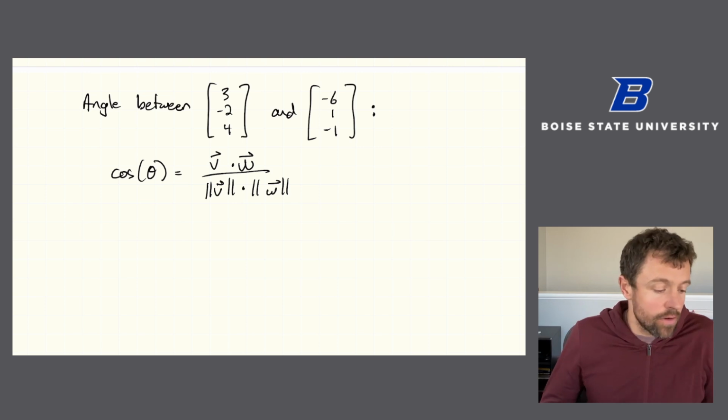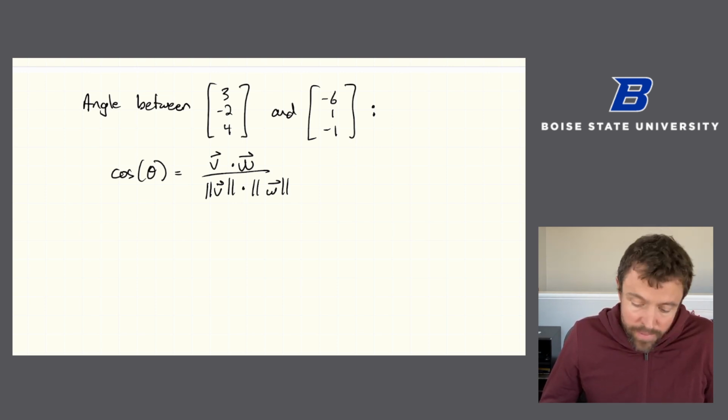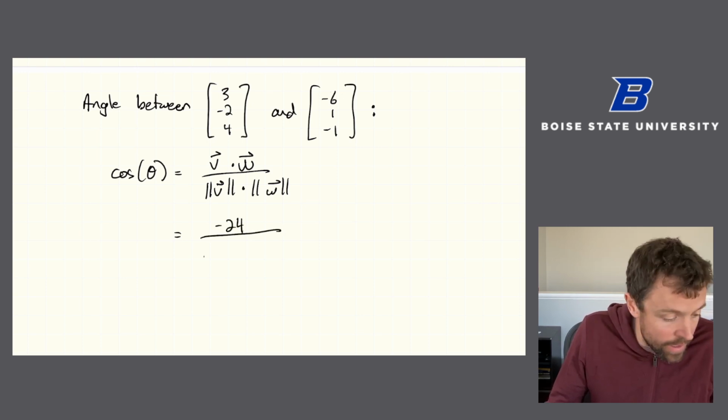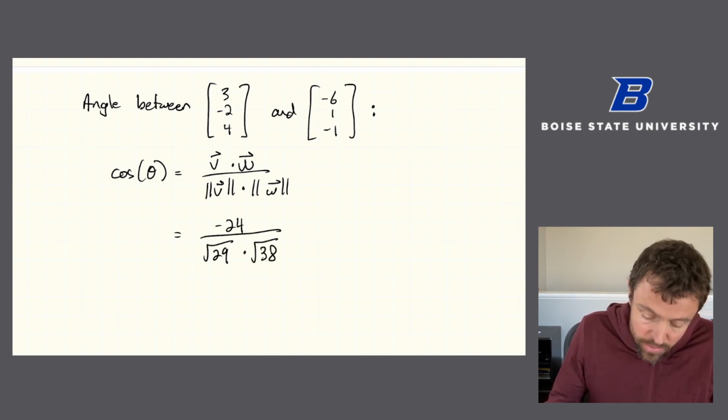So try this on your own. Try to figure out what this angle is, and you hopefully will get the same thing as me. We get negative 24 divided by the square root of 29 times the square root of 38.